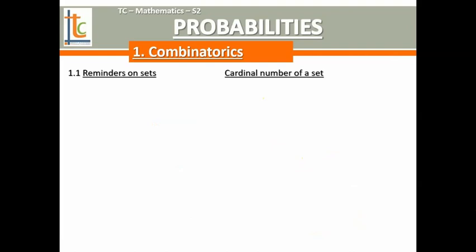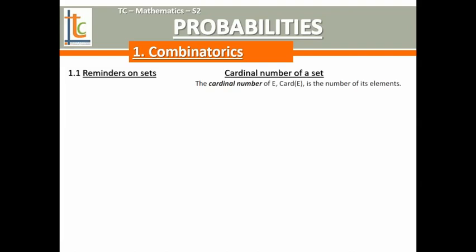To finish this part of the chapter, let's talk about the notion of cardinal number of a set. We know that, in general, in our chapter, we have to count possibilities in order to calculate probabilities. And we didn't count yet in our presentation of sets and operations. So the cardinal number is defined as the number of elements of a set.